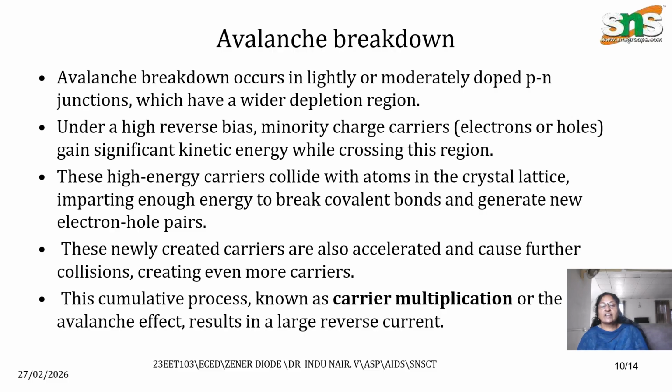These newly created carriers are also accelerated and cause further collisions, creating even more carriers. This cumulative process, known as carrier multiplication or the avalanche effect, results in a large reverse current.